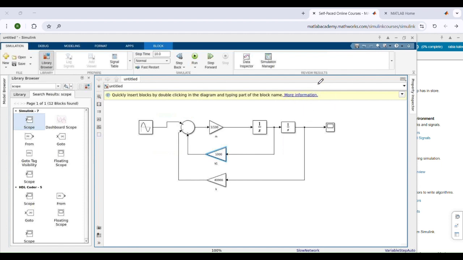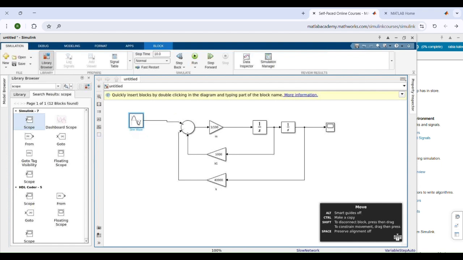So it will be ft minus cx naught minus kx. So now 2 minus, this is positive.